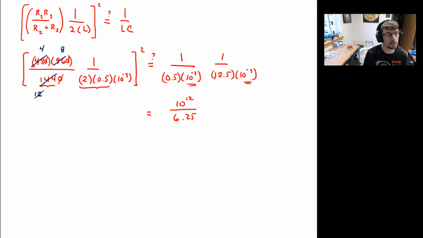And that takes care of this 12 in the denominator. So at the end of the day, I get something like 32 times 10 to the third quantity squared. So something like 32 squared times 10 to the sixth. And I'll put a question mark here.